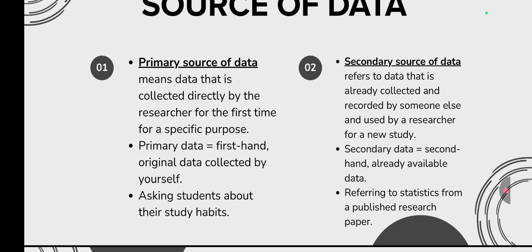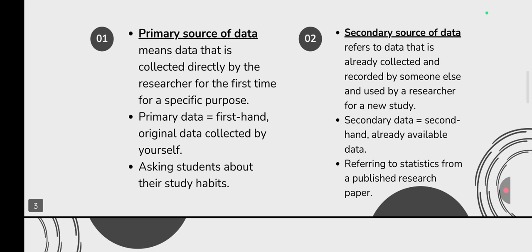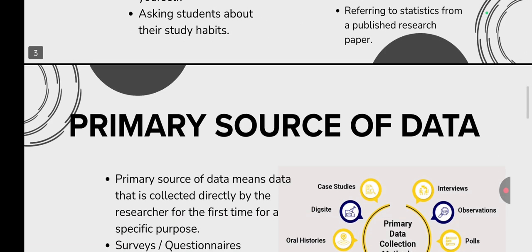So secondary data is second hand and already available data. An example is referring to statistics from an already published research paper.